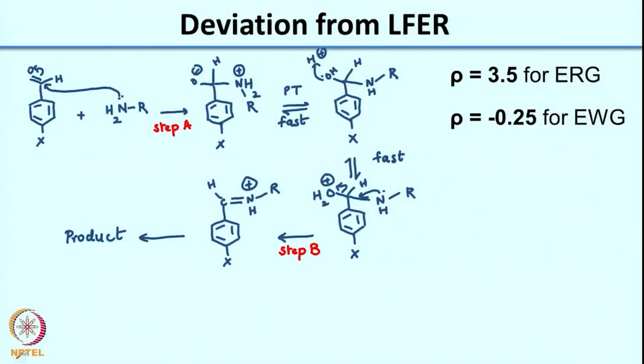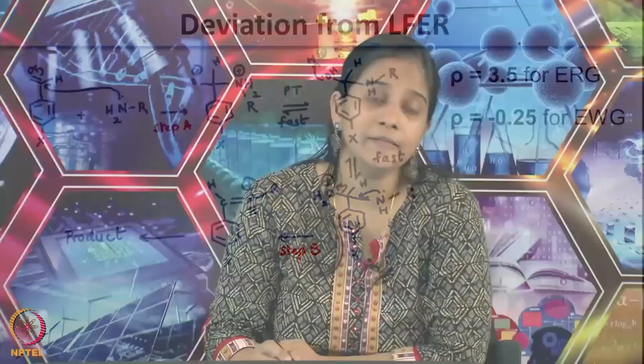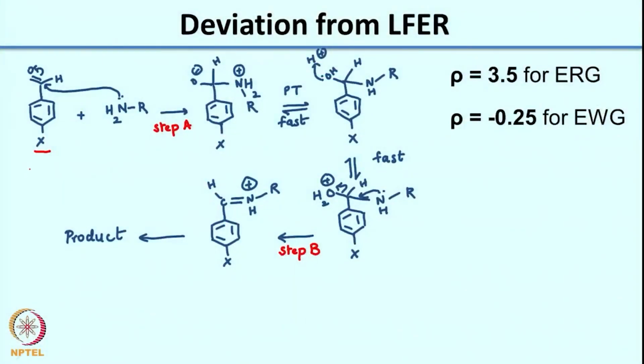So, what you would see is, for an electron withdrawing group, what happens is your reactant here has an electrophilic center here, delta plus, where the NH2 lone pair attacks. Now, if you have an electron withdrawing group, what it would do is it would increase the electrophilicity at that carbon.